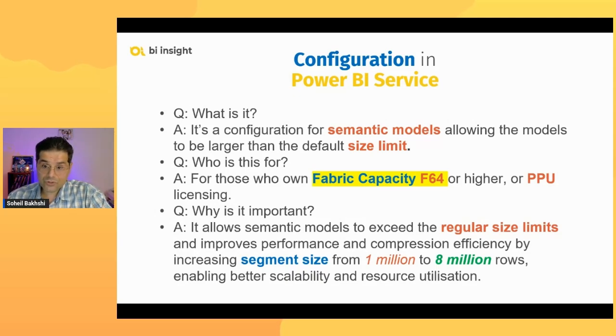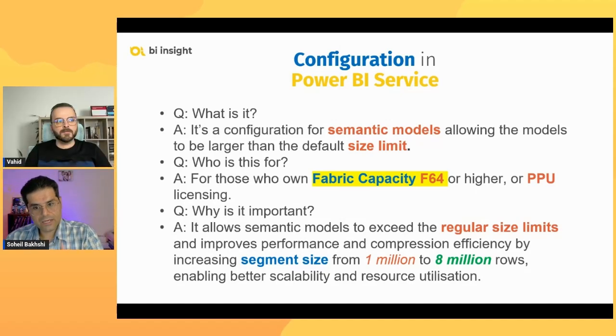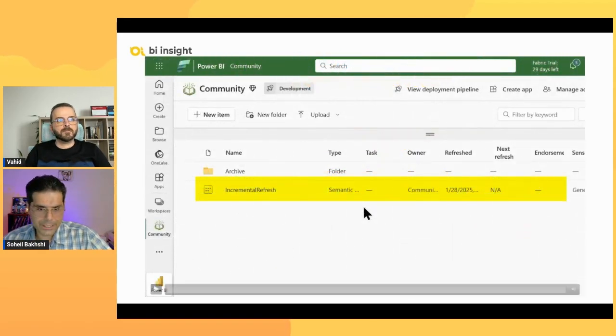Unfortunately, I do not have enough time to explain what a segment is, but it is like when you are using a column store index, instead of loading 1 million rows and getting the distinct values, you have an 8 million row chunk, and that chunk is called segment size, but there is much more to it.